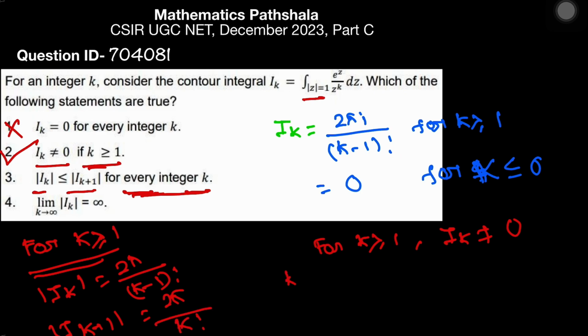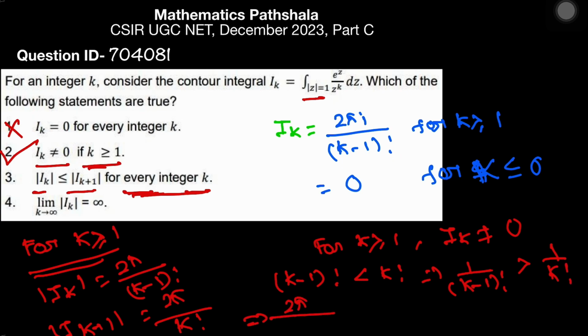Now we know that (k minus 1) factorial is less than k factorial. So 1 by (k minus 1) factorial is greater than 1 by k factorial. From this we can write 2π by (k minus 1) factorial is greater than 2π by k factorial. That is |I_k| greater than |I_(k+1)|.